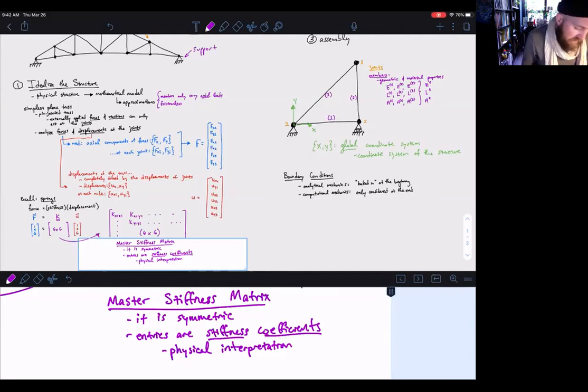So this is what we mean by idealizing the structure. But right now we have no idea what this stiffness matrix is. And in a lot of ways, that's our goal, calculating the stiffness matrix for the structure. Once we have that, then it's just a matter of solving F equals KU. That's it.